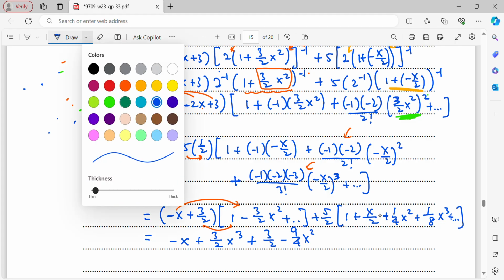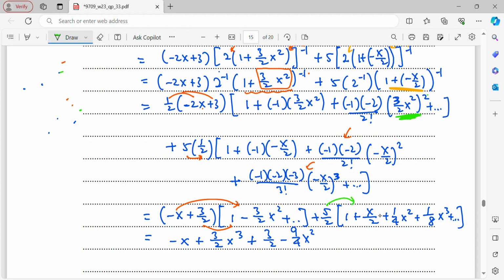And then next is to times 5 over 2 inside the square bracket. Then I will be getting plus 5 over 2 plus 5 over 4 x plus 5 over 8 x squared, and then plus 5 over 16 x cubed.